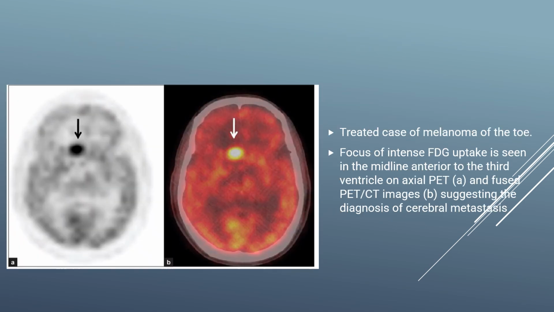And remember that FDG, for decades, was the only radiopharmaceutical approved for PET brain imaging. And so it is still used with neuro-oncology. And one thing that I want to note here is that it's really good at looking at metastatic tumors because those will hypermetabolize glucose.